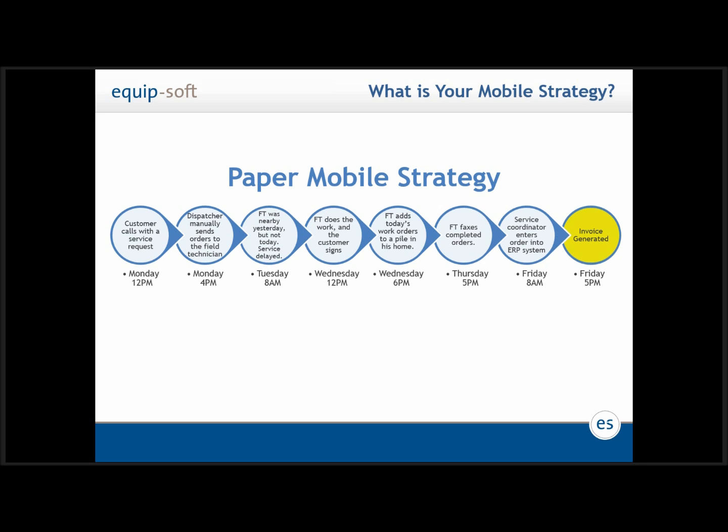The field tech grabs that paperwork in some way and takes it out to the field. And then they can finally do the real work. They actually can go out to the customer site and perform the work, but only after they've got the paper in hand. So it's possible that could cause a delay depending on exactly where the technician was when the order was called in.